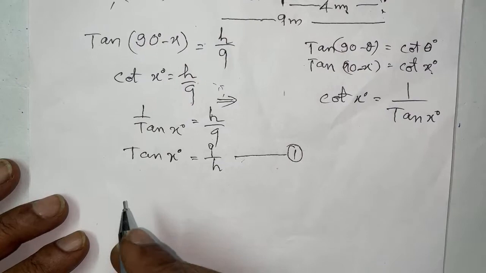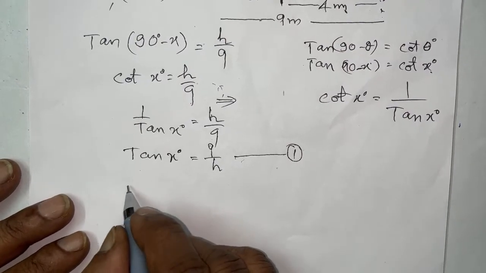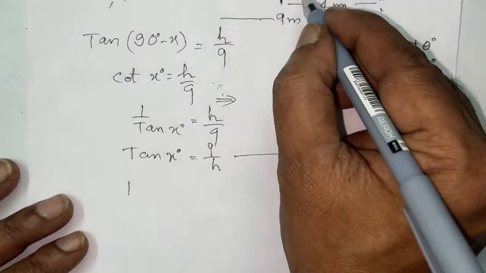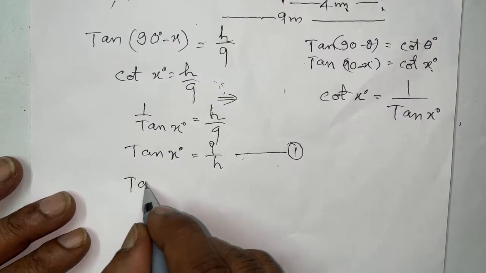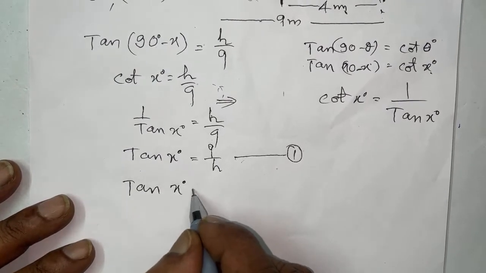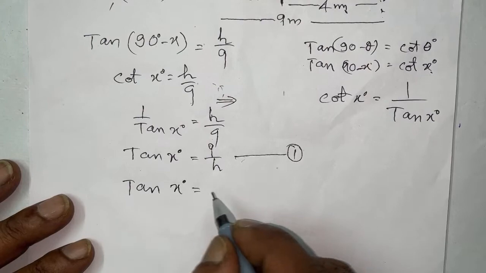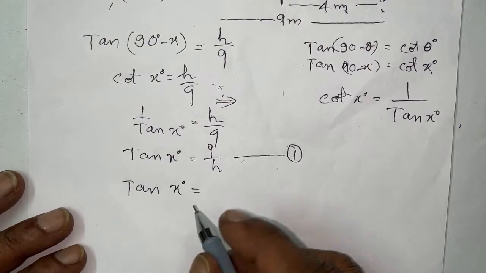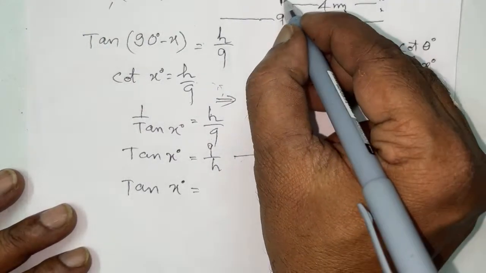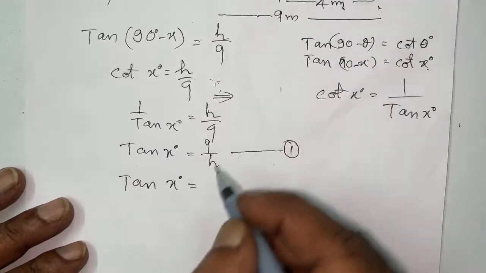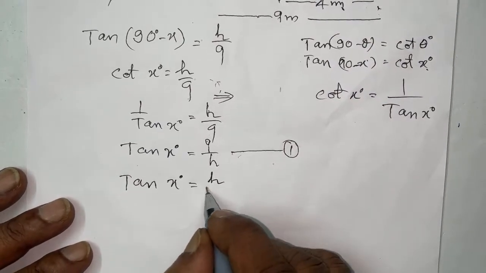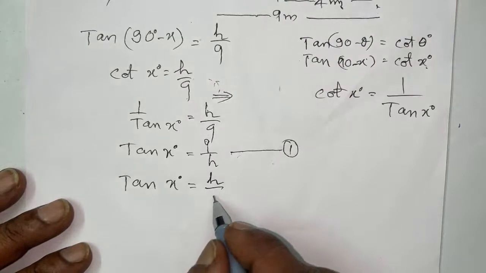Now one more equation we have to take, that is from the first observation point, tan x degrees. Here the height of the tower and the adjacent distance is 4.